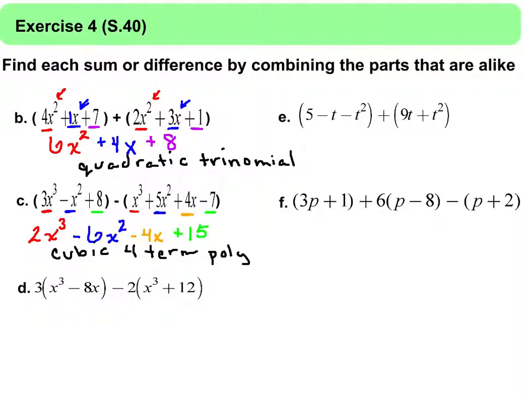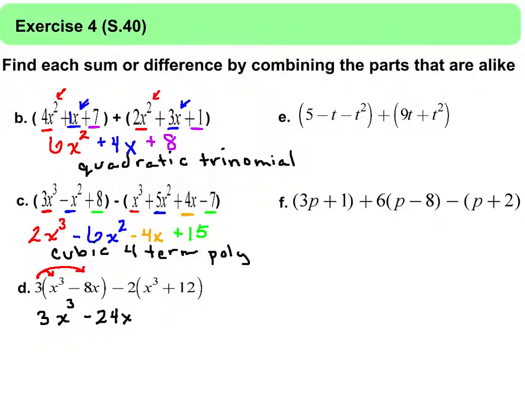In part D, we're looking at this notion where we have numbers in front of each of the terms. So the students will need to demonstrate the distributive property before continuing on with the problem. So if I looked at that piece alone, the 3 times the x to the third is 3x to the third power, and 3 times negative 8x is negative 24x.